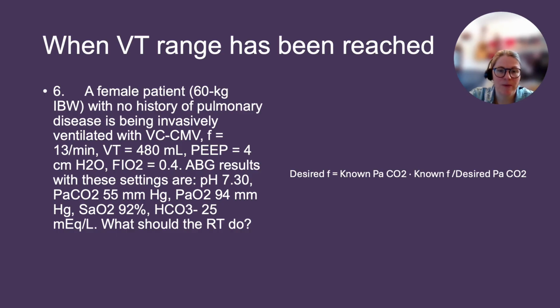ABG results, we have a low pH of 7.3, high CO2 of 55, O2 is normal, bicarb is normal at 25. What should the RT do? So the first thing I'm going to do when I look at this problem is check out my tidal volume.